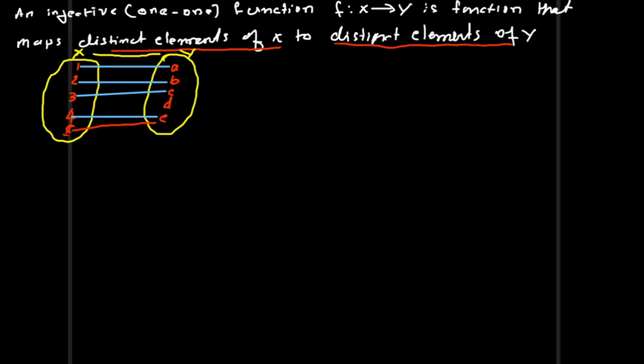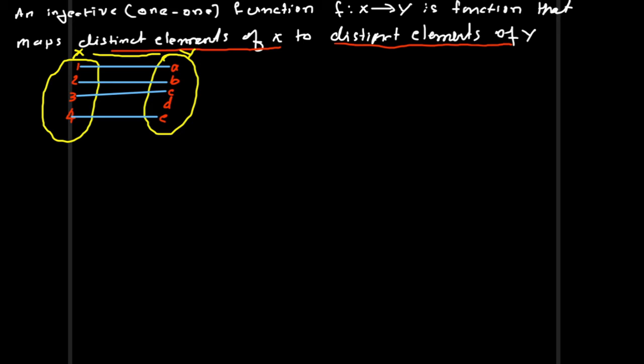Here 4 and 5 have the same image E. So this is not a 1-1 function. That means distinct elements must have distinct images, but here these two elements 4 and 5 have the same image. So we can't consider this a 1-1 function. Okay, so we can undo that one. Clear?